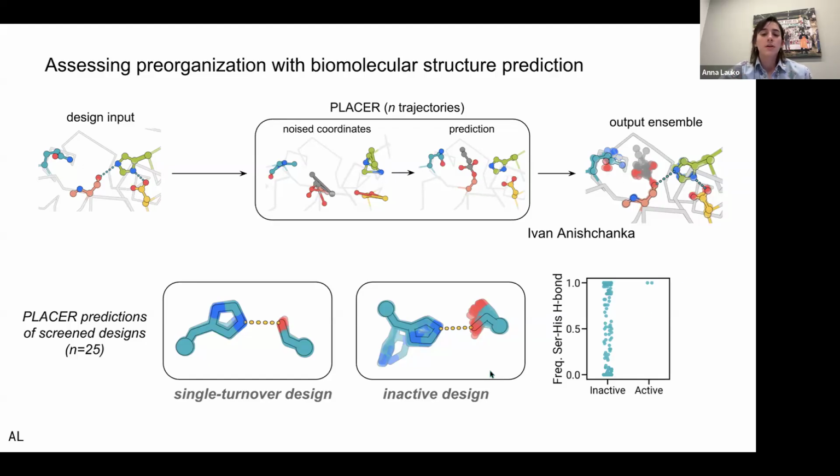On the bottom right is an example of a design where we do not always form this hydrogen bond that we want. Often the side chains occupy different conformations.